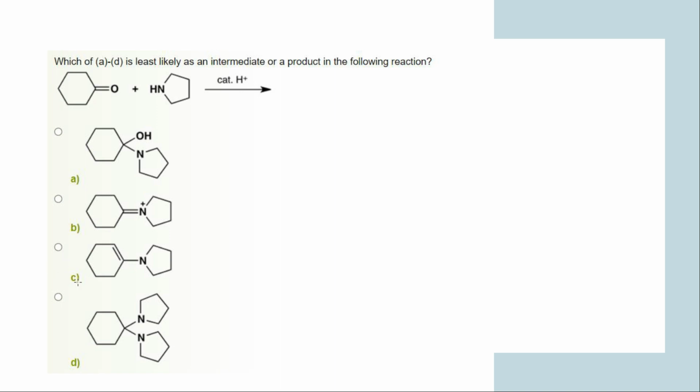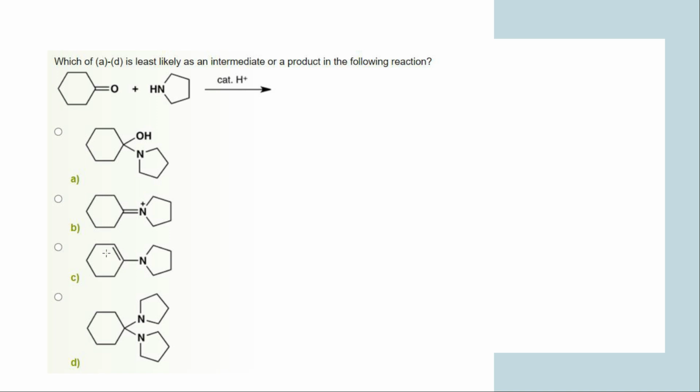Let us come to option C. If option B undergoes rearrangement by considering deprotonation by the counteranion of the acid, you can expect the formation of option C. This is basically a rearranged product of option B. You are just getting an endo double bond by this isomerization.